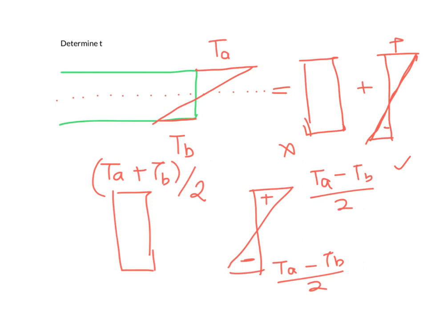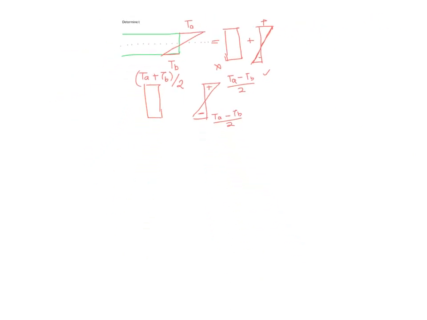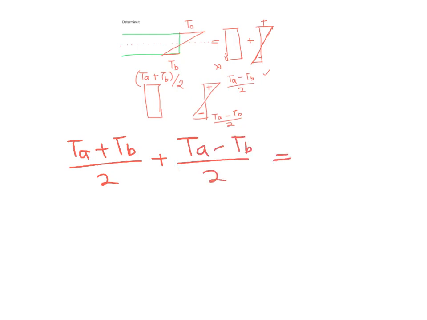Now let's see how these two temperatures will represent the Ta and Tb increment in the top and bottom of your pavement surface. So if you add Ta plus Tb by 2 plus Ta minus Tb by 2, that will give you Ta, which was the increment at the top.